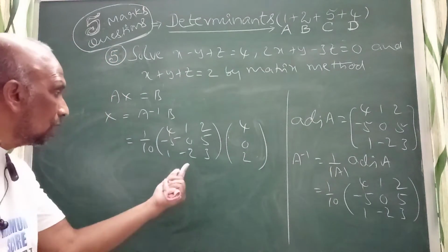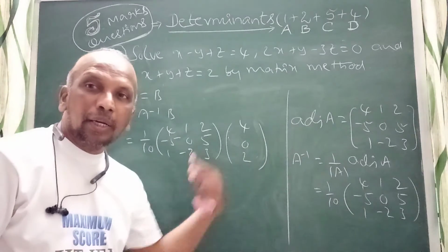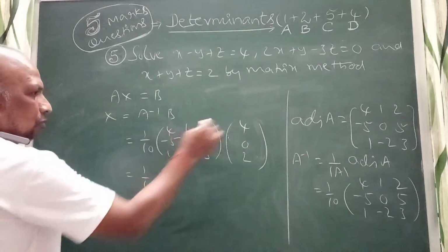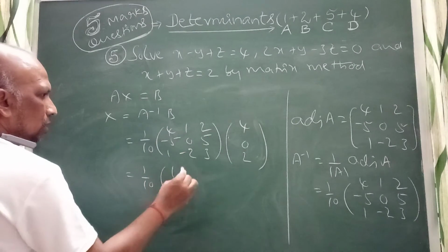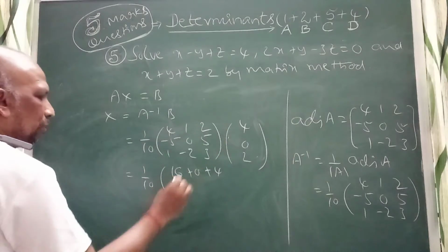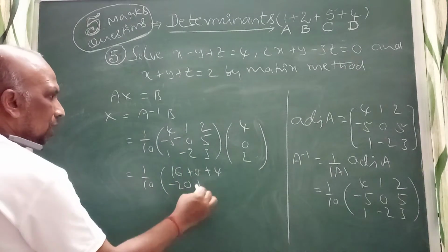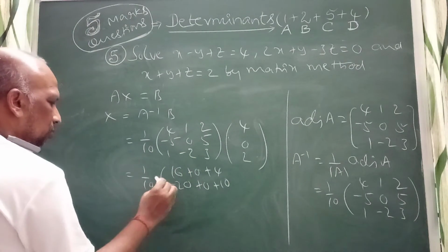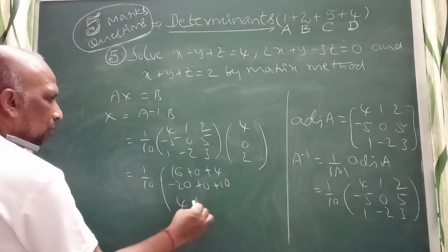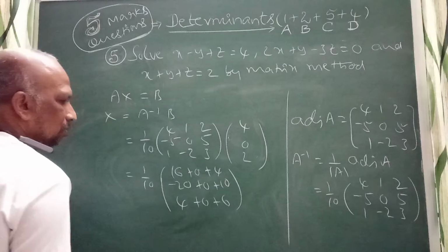Again be careful, this is 3 by 3, this is 3 by 1, it gives 3 by 1. So 1 by 10, first with first column: 16 plus 0 plus 4, this one minus 20 plus 0 plus 10, correct, this one 4 plus 0 plus 6.